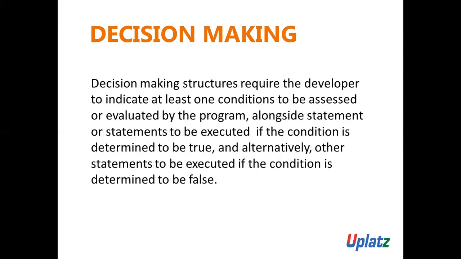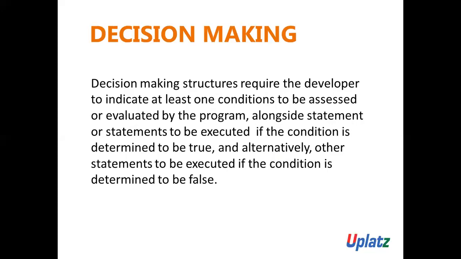Decision making structures require the developer to indicate at least one condition to be assessed or evaluated by the program. For example, in our previous example, what is the condition we have put? For a student to get a passing mark, he needs to obtain at least 50 marks out of 100.